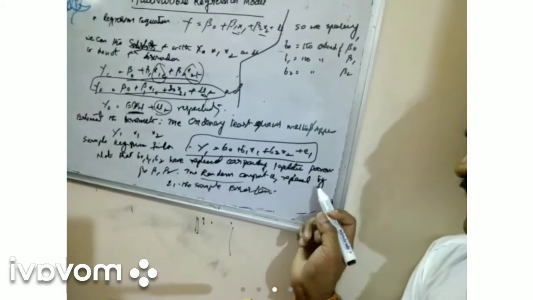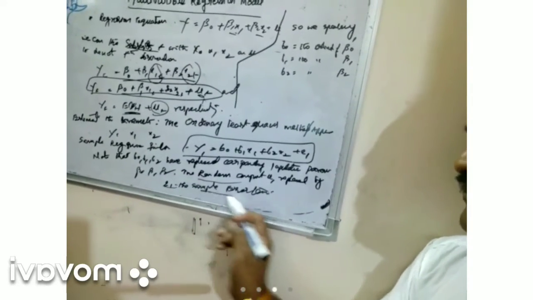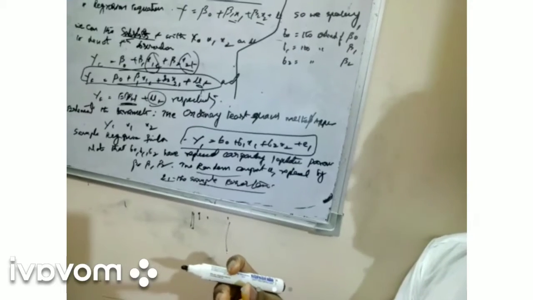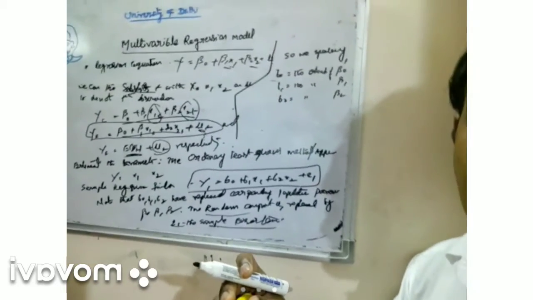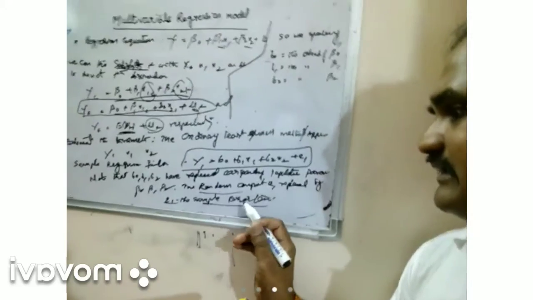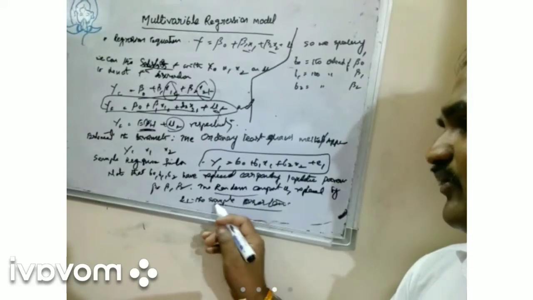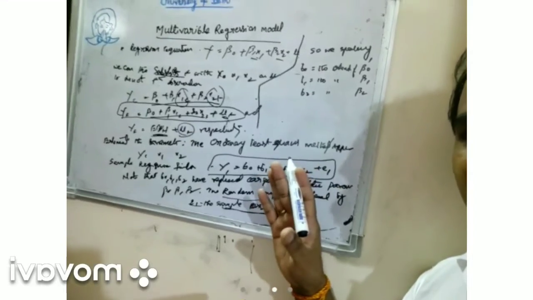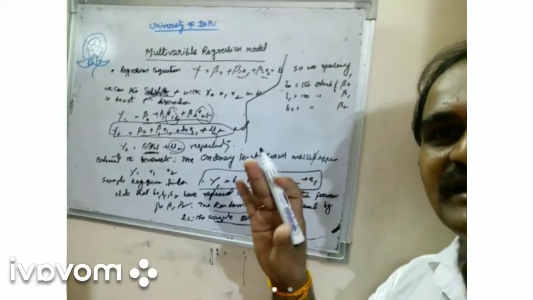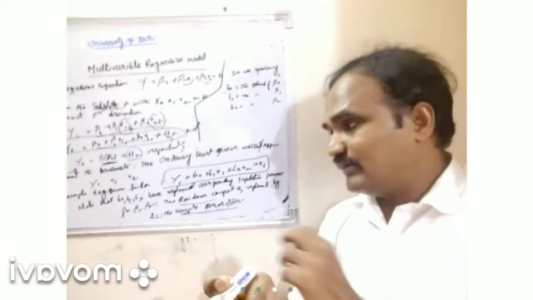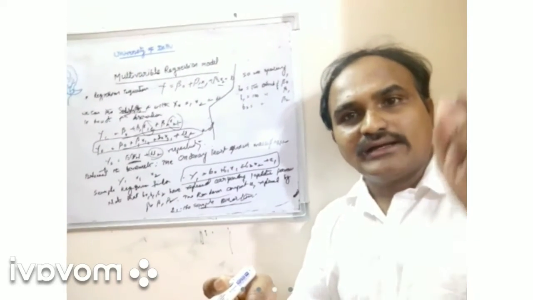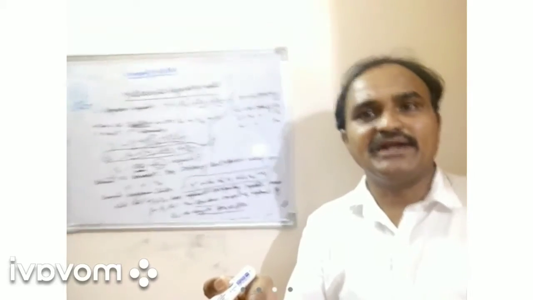mu1 is replaced by ei, the sample parameter. What is that? The sample error term, you can call it. What is the sample error term? What is the population parameter? The population parameter is some kind of population quantity that is not to regress the dependent variable.